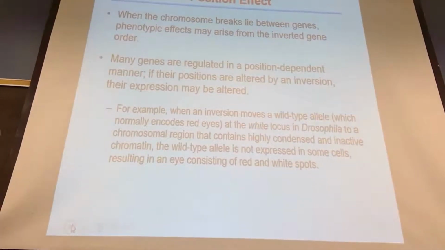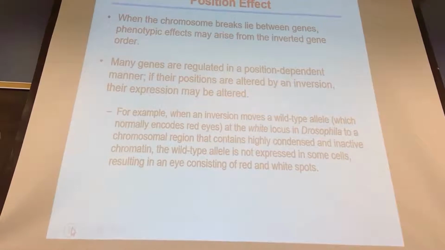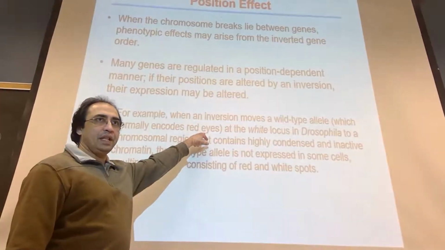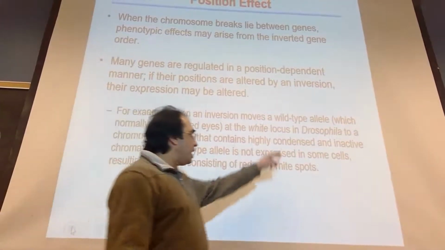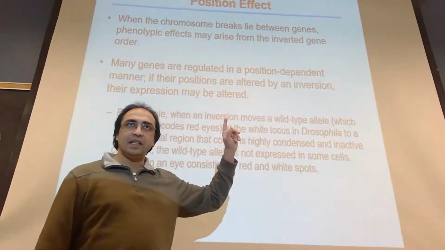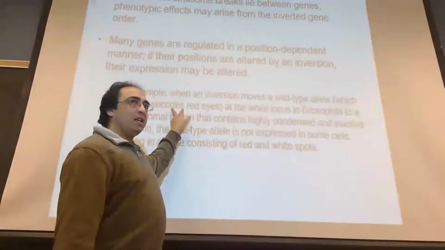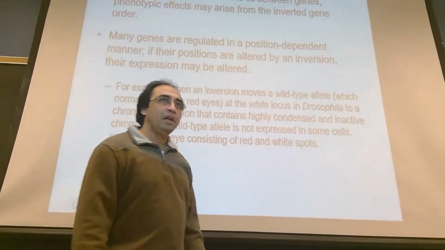What is the position effect? There is one example in the wild type allele of Drosophila, they normally encode the red eyes, these genes. If this gene goes to the white locus, the white locus is recessive, red is dominant there. If this gene, the inverted part, goes to the white locus, what will happen?